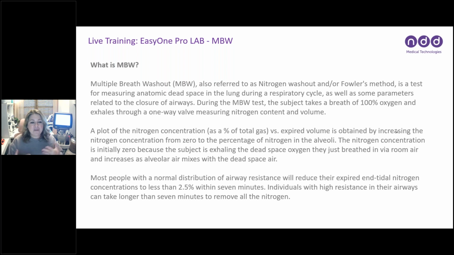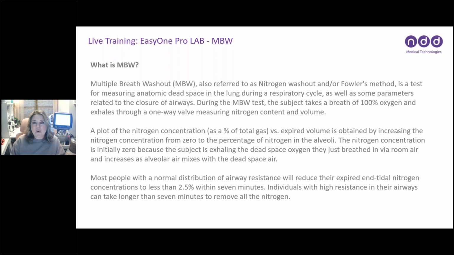So a plot of the nitrogen concentration, or the percent of the total gas, is compared to the expired volume by increasing the nitrogen concentration from 0 to the percentage in the alveoli. This nitrogen concentration is initially 0 because the subject is just exhaling that dead space oxygen that they breathe via room air. That increases as alveolar air mixes with dead space, and that is how we get our measurement.